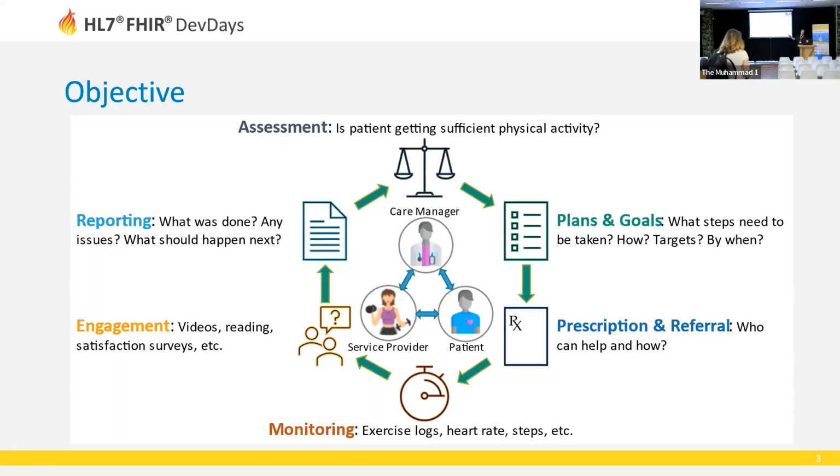In terms of what the IG covers, we start at the top with the assessment process, which is: is this person getting a sufficient level of physical activity in their life that's going to make a difference in their healthcare outcomes? And we have basically standardized the set of questions, and there's only 4, and one of the answers is calculated, so there's only 3 that a patient really needs to engage with.